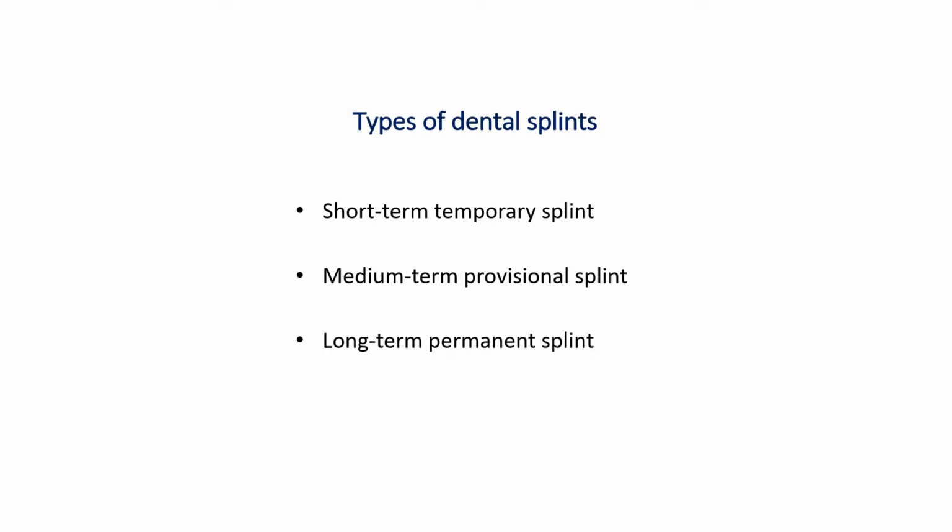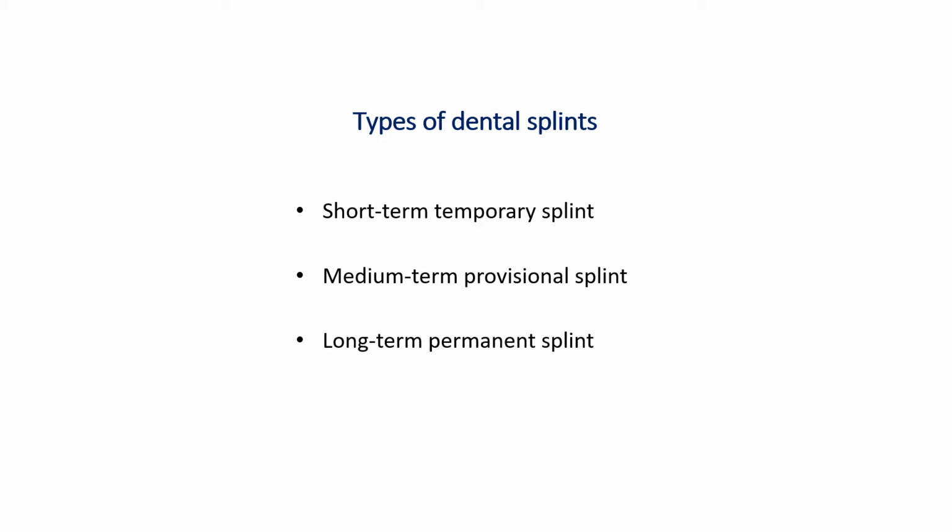Dental splints are generally classified into three main types. The first one is the short-term or temporary splint, which is used less than 6 months and may not be followed by additional splint therapy. It is used mainly during active periodontal treatment. The second type is the medium-term provisional splint, which is used for months up to several years.